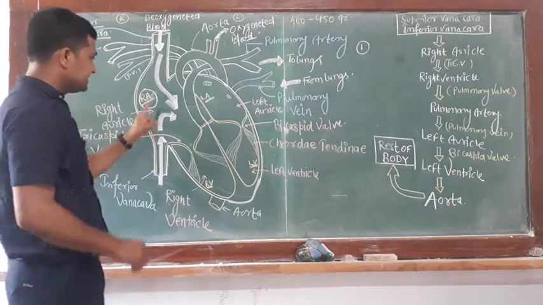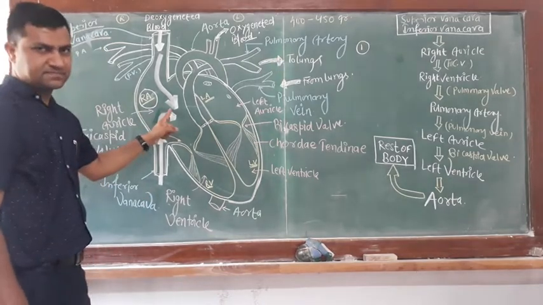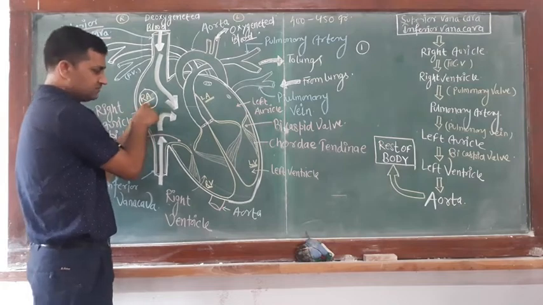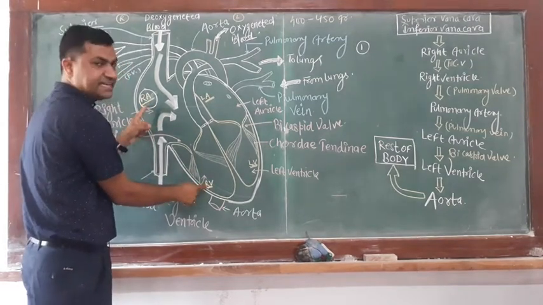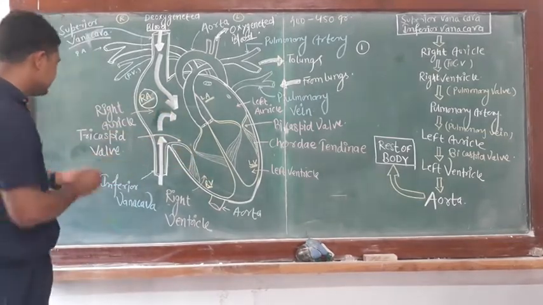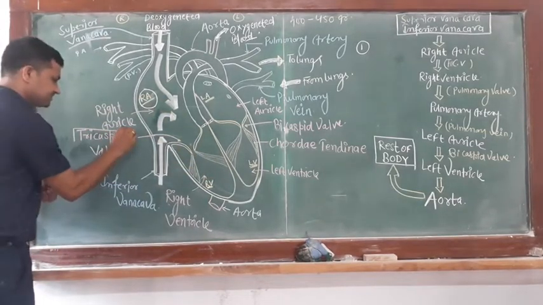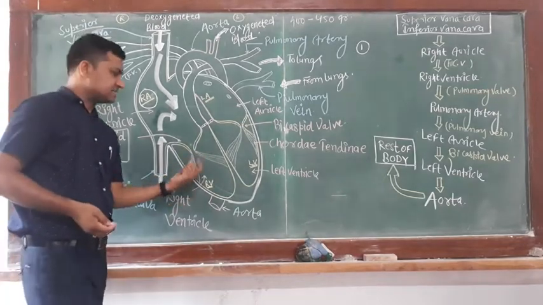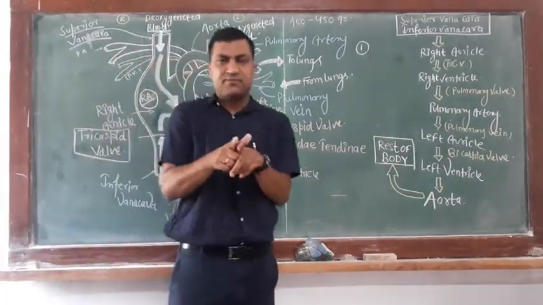Then after, the deoxygenated blood from the right auricle moves into the right ventricle in between the tricuspid valve. The tricuspid valve is a one-way direction valve.